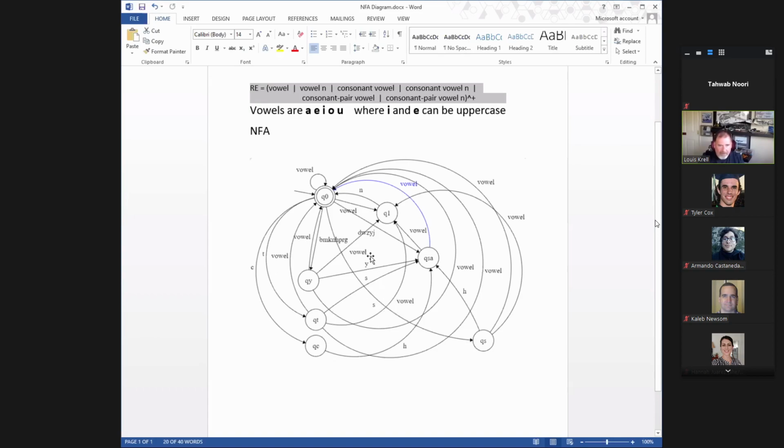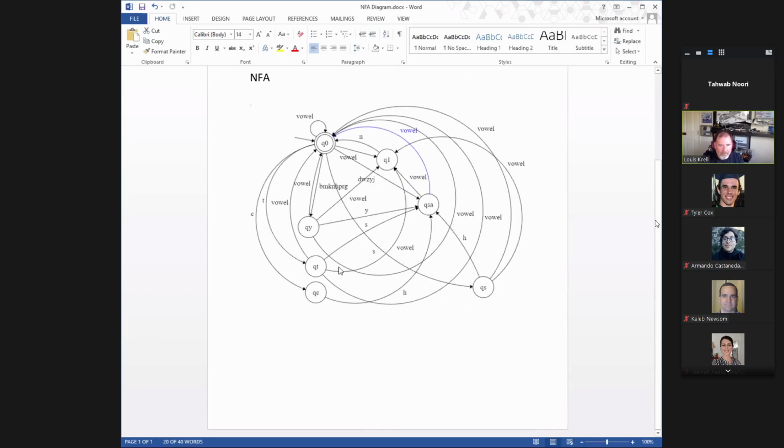Do I have that here? Give me 1 second. Let me just look at my other sheet. So TS is the only valid, okay, so I'm still sharing my screen. T followed by the S is the consonant pair.